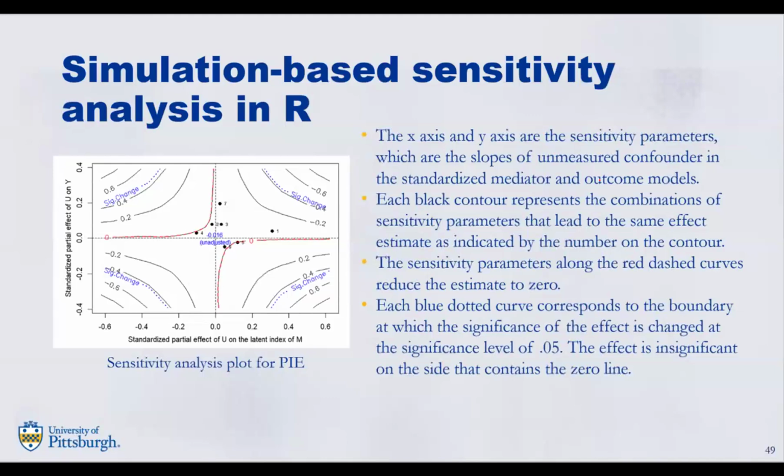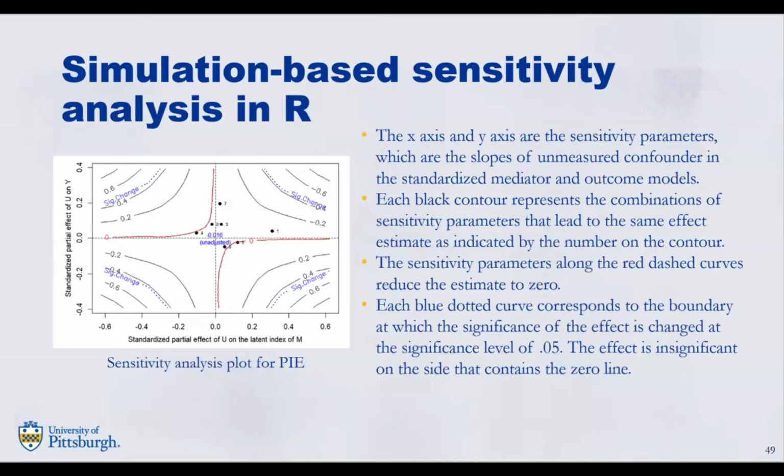Now, let's try to recall the basic idea of sensitivity analysis that we mentioned. When are the results sensitive? The results would be sensitive if even a very weak unmeasured confounder can change the sign or the significance of the original conclusion.